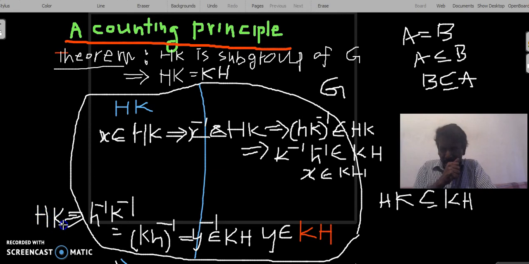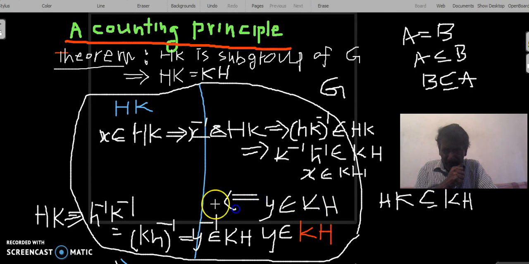So what we understand here is that if y belongs to KH, then y belongs to HK. That's what we have proved.